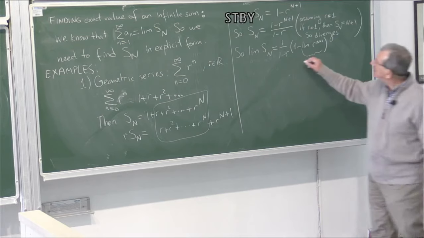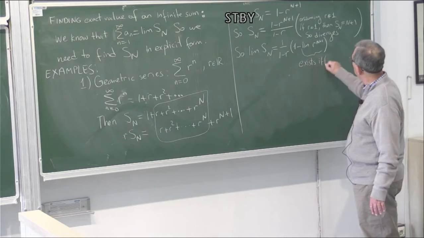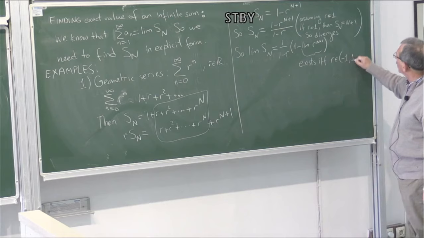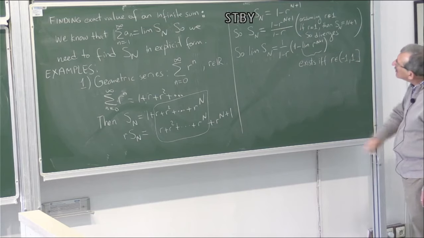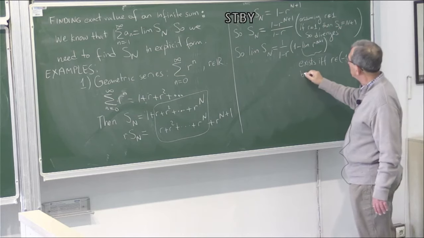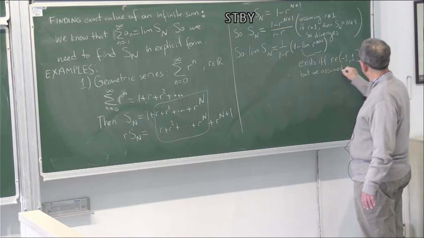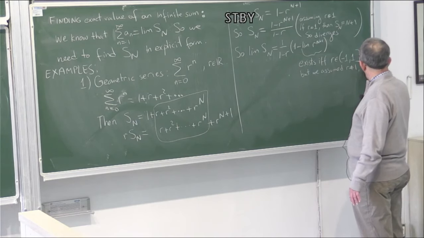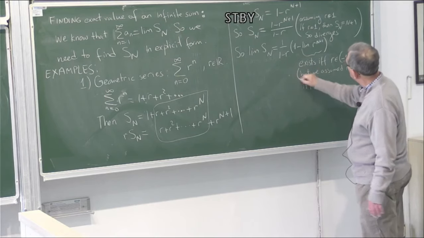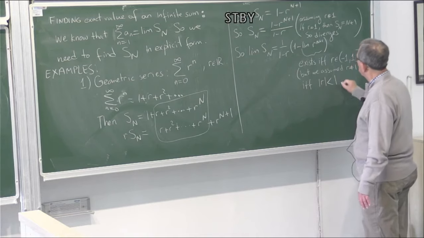So this exists only if r belongs to the interval minus 1, 1, 1 included. But we assumed r is not 1. So it exists if and only if absolute r is less than 1.